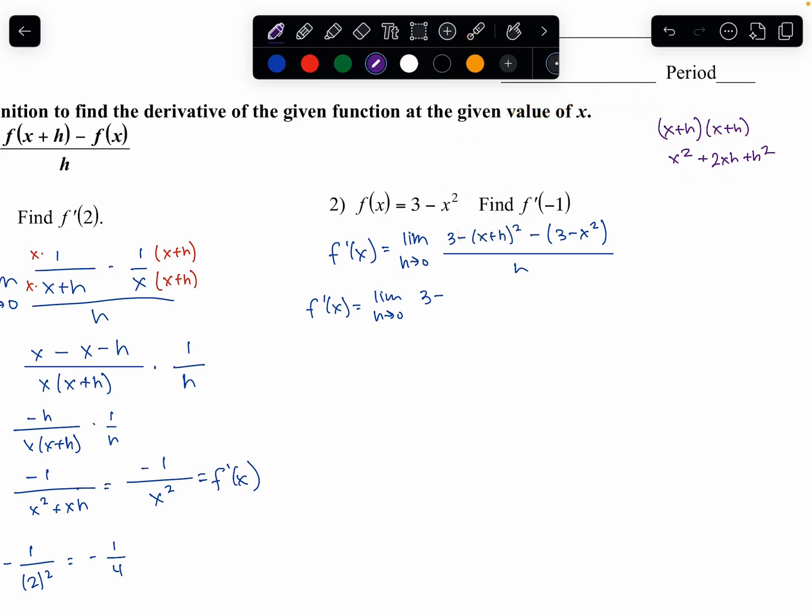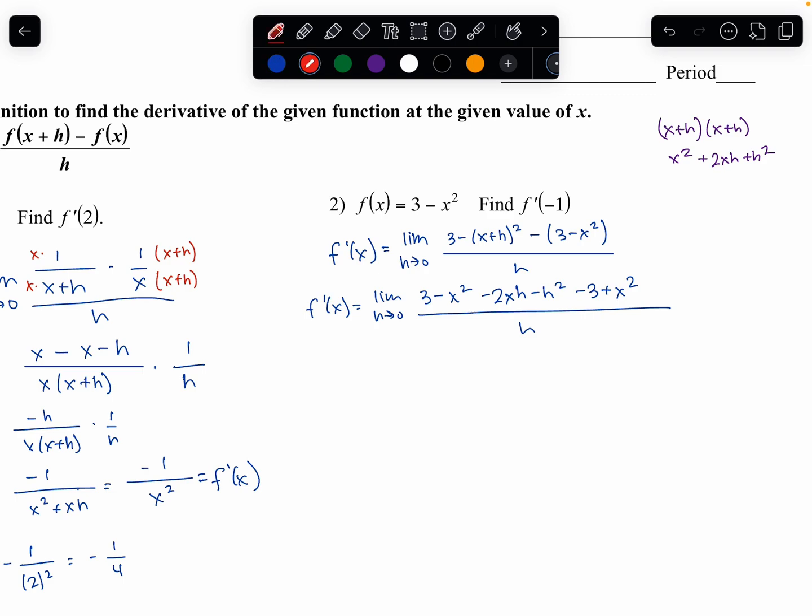So I'm just going to think about this right here. So negative x squared, and then minus 2xh, minus h squared. Okay, so that's that part foiled out, and then I have minus 3 plus x squared all over h.